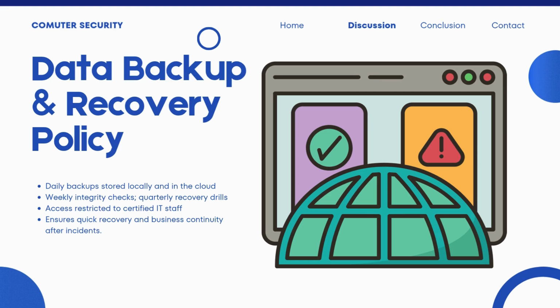Only certified IT personnel are allowed to access these backup files. This policy ensures the bank can recover data efficiently in the event of ransomware, system failure, or even data corruption, minimizing downtime and financial losses. Now I'll be passing my slides to Sharvin.